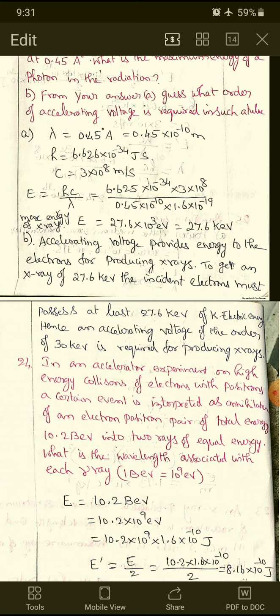Hence, an accelerating voltage of the order of 30 kilo electron volt is required for producing X-rays. So, how much energy is required? 30 kilo electron volts. The question is, from your answer, guess what order of accelerating voltage is required in such a tube. What we need is 30 kilo electron volt to produce an X-ray.